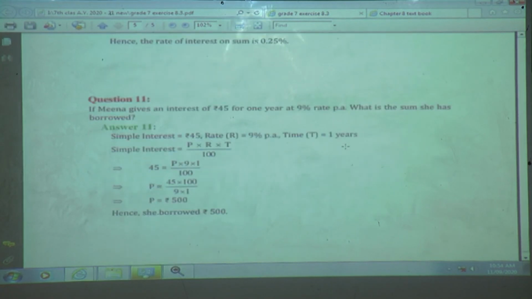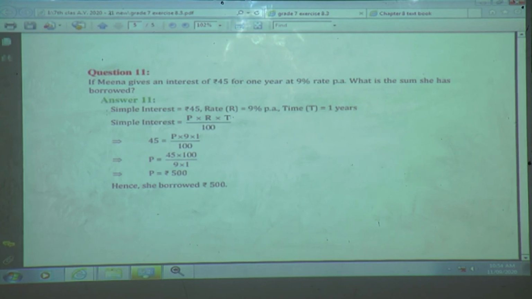Now we will see one more example. This situation is also very similar, but here we have to find the principal amount. So we will see, if Meena pays an interest of rupees 45 for 1 year at 9% rate, that is, R is 9%, interest is rupees 45, that is I or SI is 45, per annum, what is the sum she has borrowed?